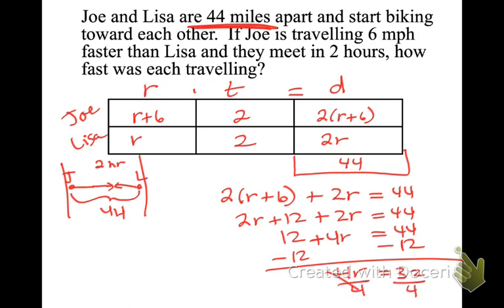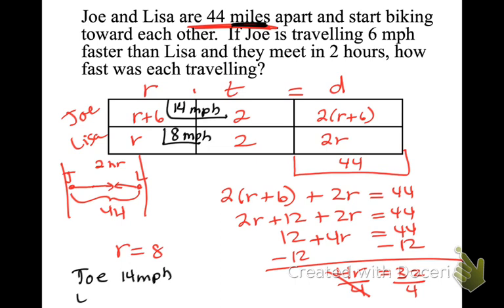Divide by 4. And R is equal to 8. So how fast was Lisa going? 8. And we are in miles per hour. Make sure you're using the correct units. And so what was Joe going? 14 miles per hour, 8 plus 6. So you're going to say Joe is traveling 14 miles per hour. Lisa is 8 miles per hour.